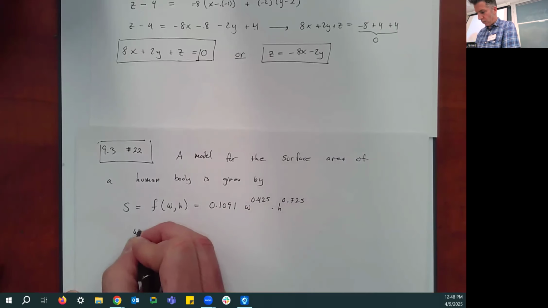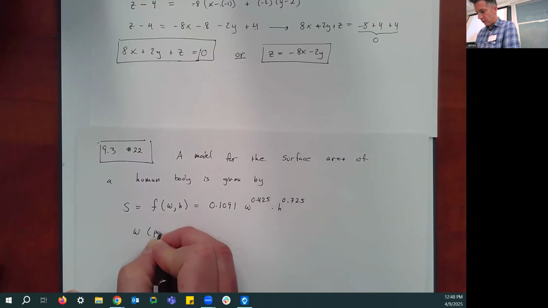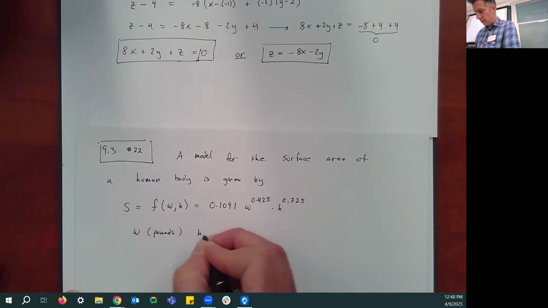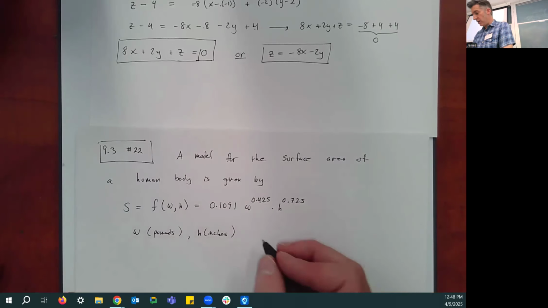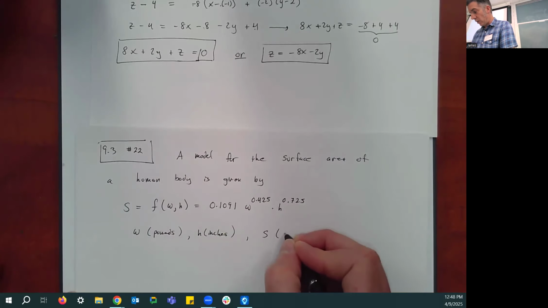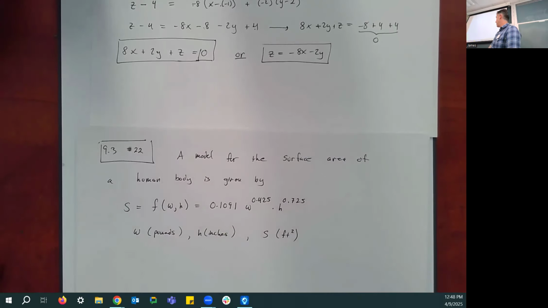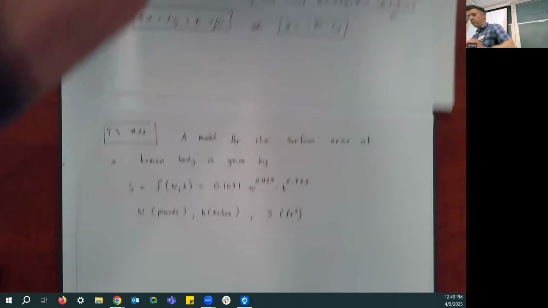So weight is in pounds, height is in inches, and the surface area is in square feet. There's no dimensional analysis here where you just say these units multiply. It doesn't make any sense. Someone came up with some weird formula based on pounds and inches, and the output is measured in the units of their choice, which was square feet.